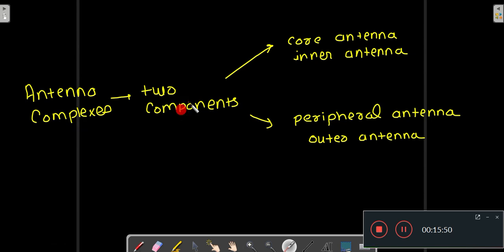The core antenna, also known as the inner antenna, is the first component, and the second component is the peripheral antenna or outer antenna.